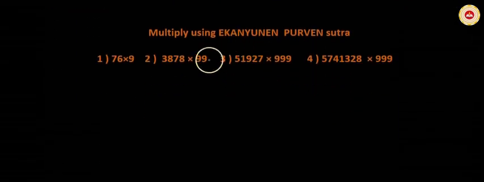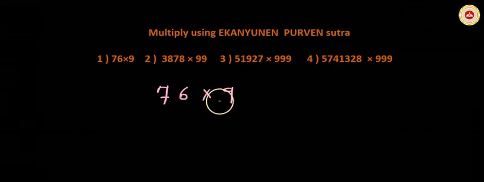Okay, so let us solve these 4 examples. Example number 1, 76 multiplied by 9. See, the number of 9s in the multiplier is 1 only, and the number of digits in the multiplicand is 2, right?